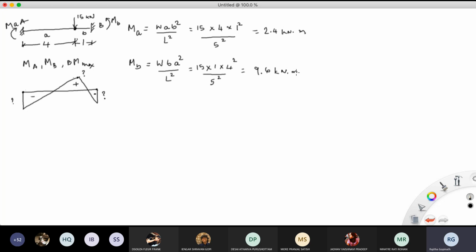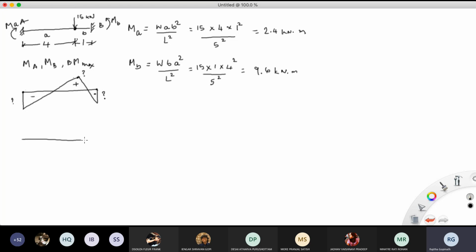Okay, now there is an interesting point here. We still need to find out what is the maximum point here, the maximum bending moment.